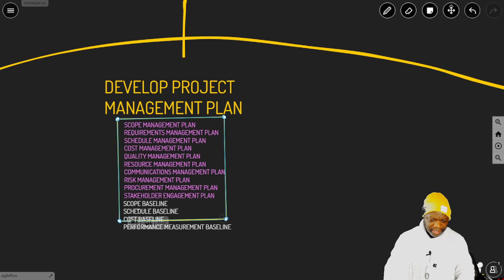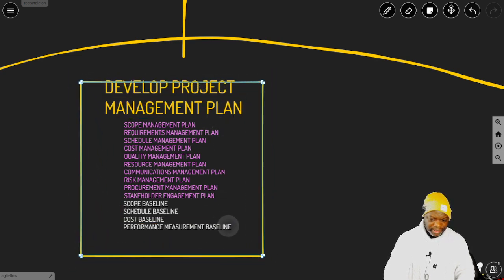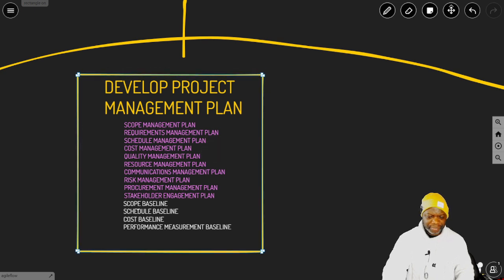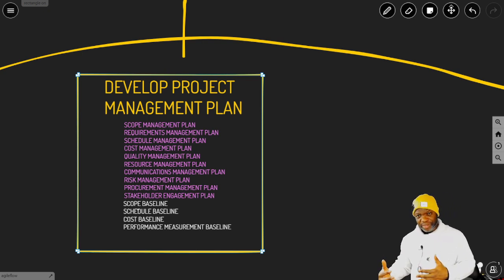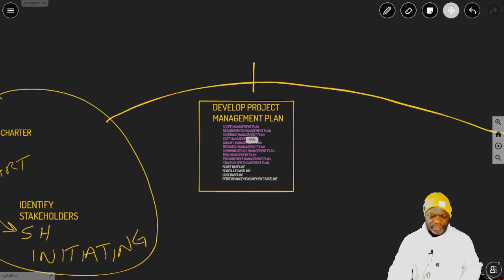So just keep that in mind. Okay, so when we talk about develop project management plan, you're talking about the assembling of all of these plans and baselines. And there's even some other stuff in there that I won't go into for now, but this will take you to the end of this explanation.